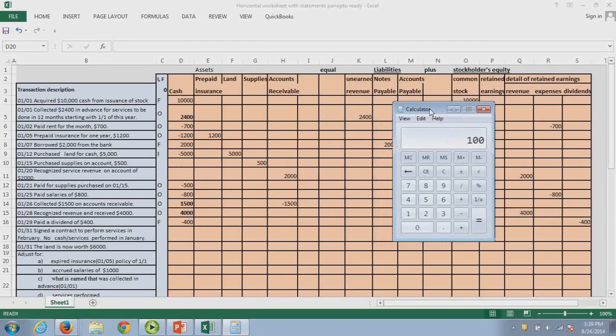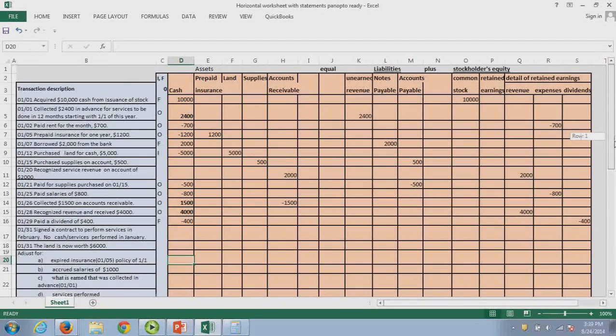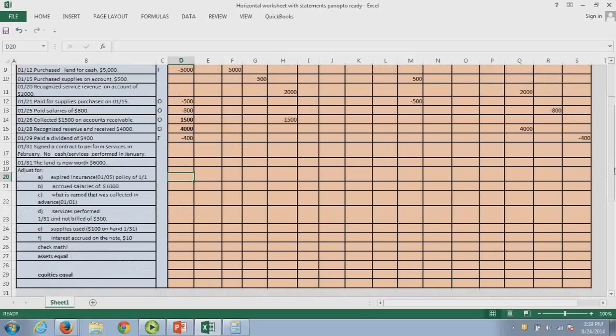So if we think about the categories of adjusting entries, this one would be an example of what? If you remember, assets used up, accrued revenue, accrued expense, and earning the unearned. So this is an example of an asset used up.